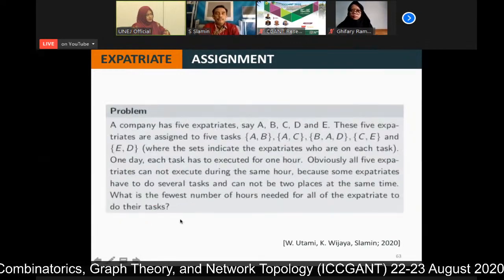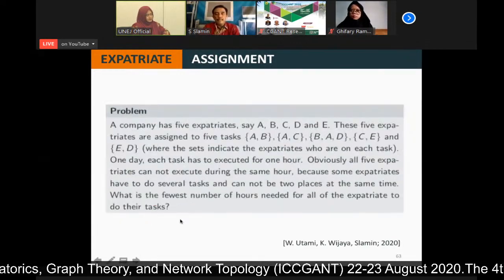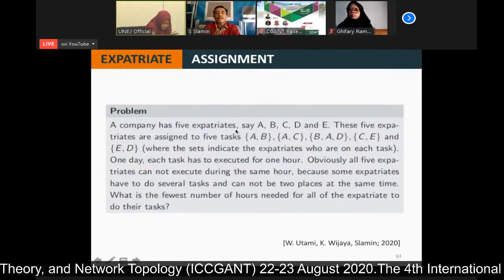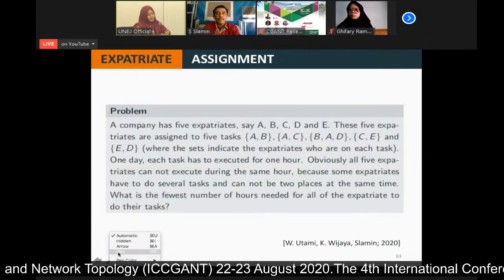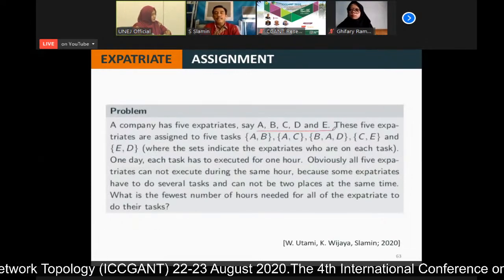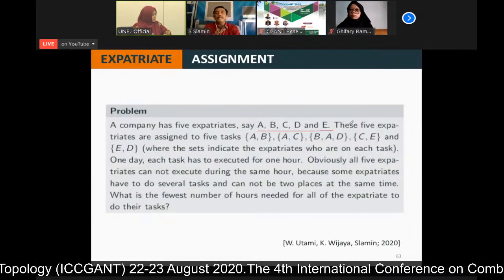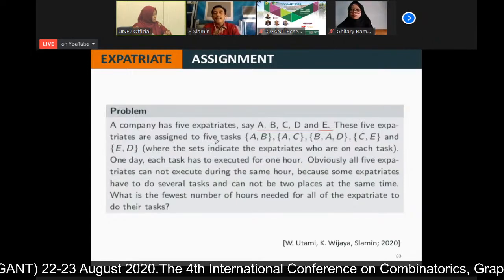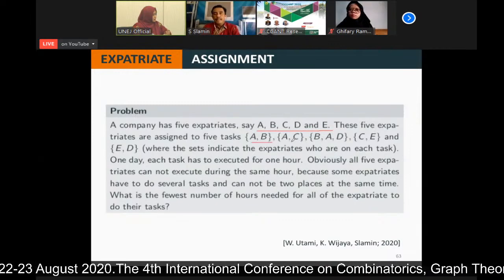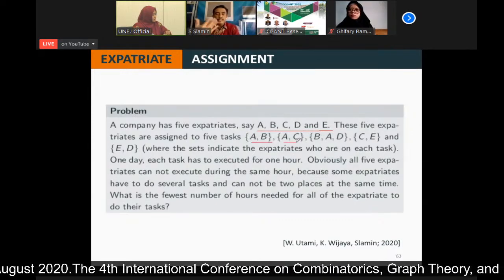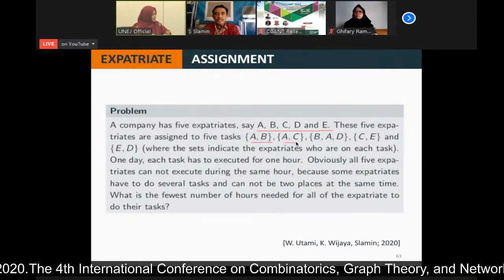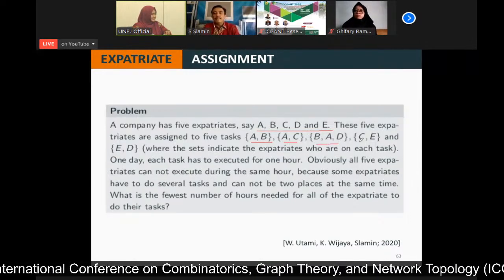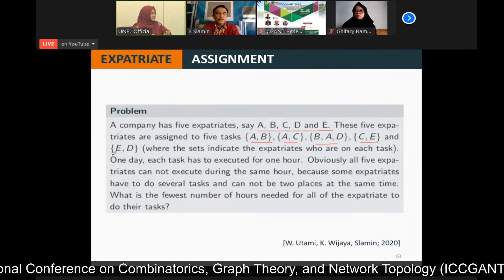We usually give some case. A company has 5 expatriates, for example, say A, B, C, D, and E. These 5 expatriates are assigned to 5 tasks. AB, AC in the same division, and BAD in the same division, and so on.